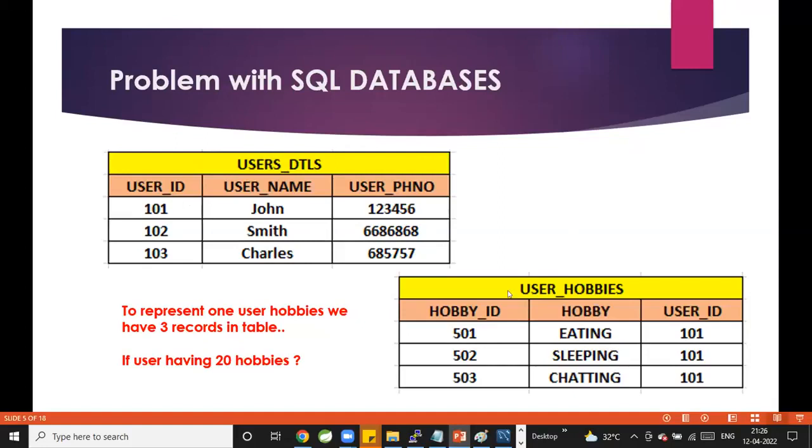Right now, suppose for example, if that user is having 20 hobbies, 20 records will be created. Now 3 users are there, each user having 20 hobbies. Then how many records I need to store in the table? Each user 20 hobbies, 60. 60 records I need to store in the database.